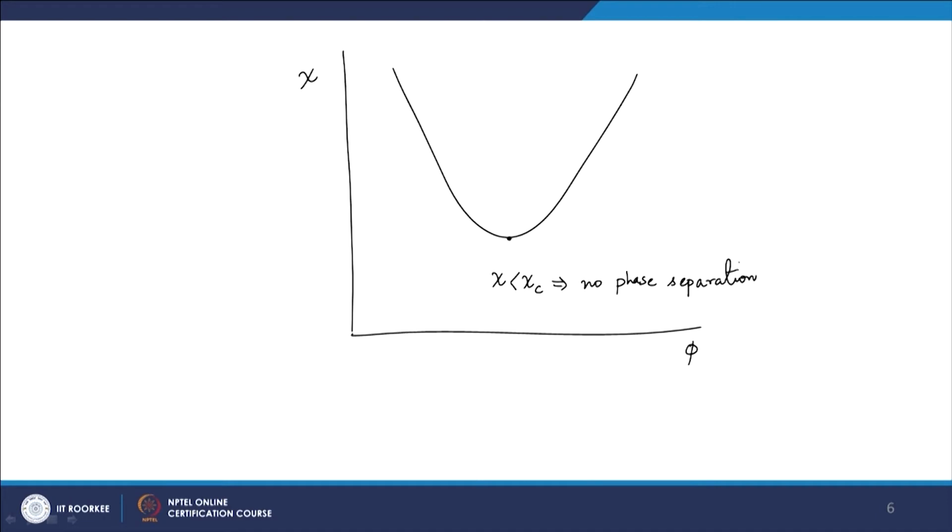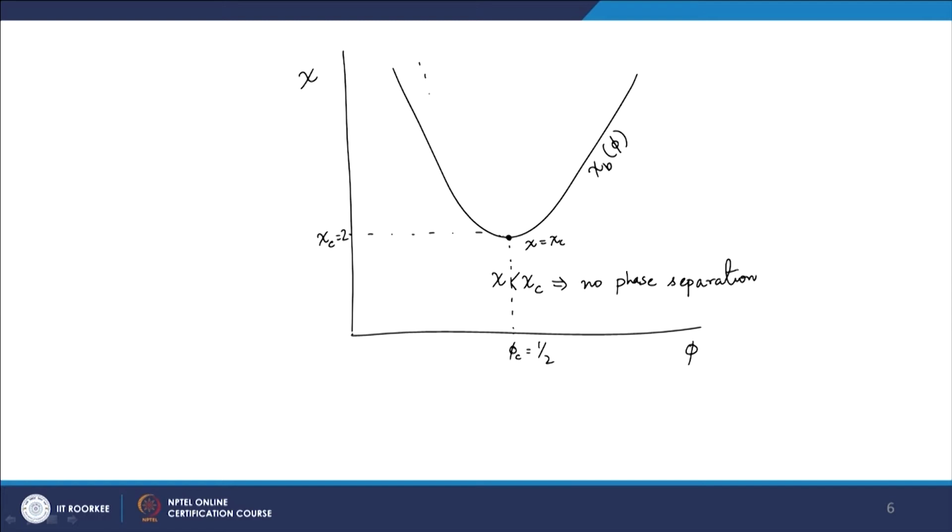Phase separation only occurs beyond chi equal to chi c. This point, by the way, is phi c equal to 1 by 2, and this is chi c is equal to 2. This curve is my coexistence curve. This I get by solving the equation for the binodal.